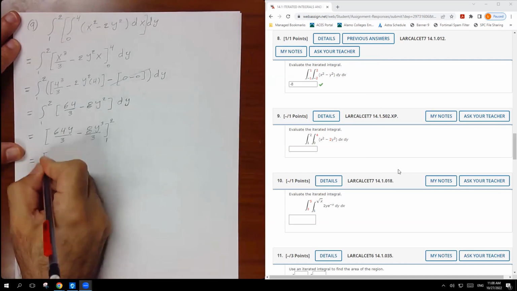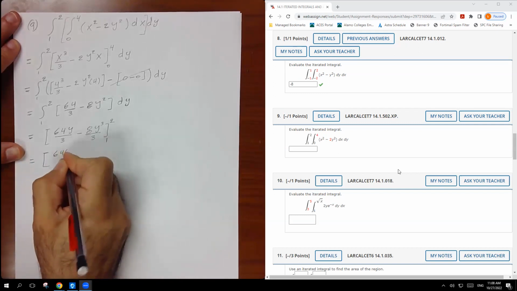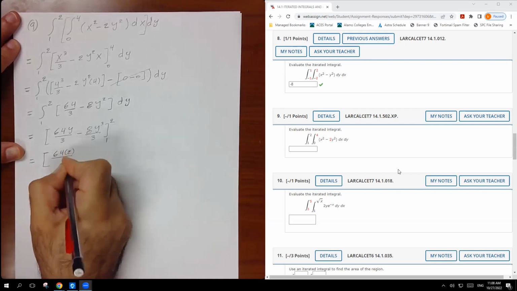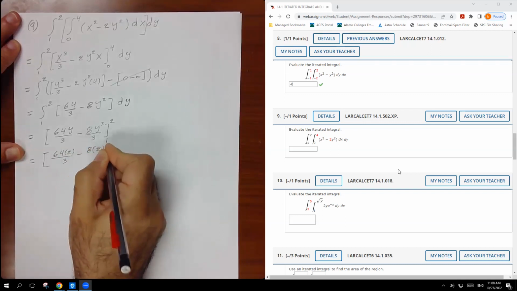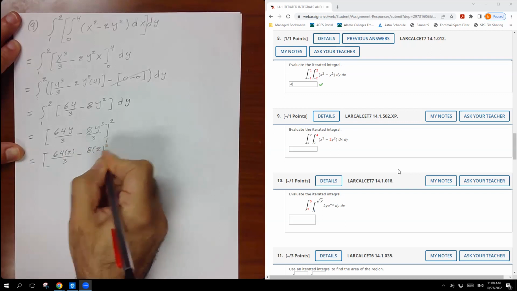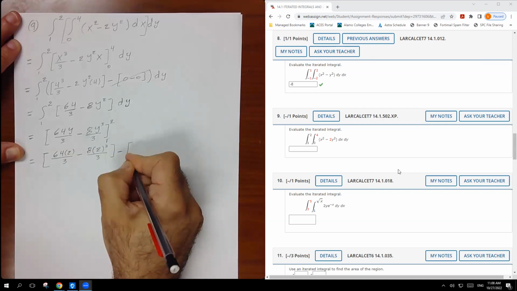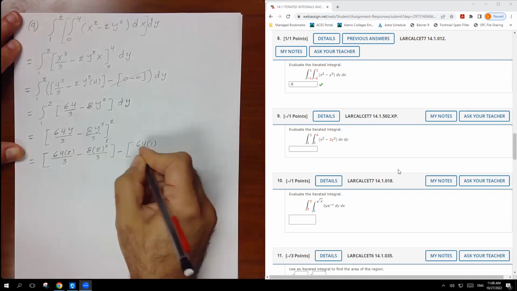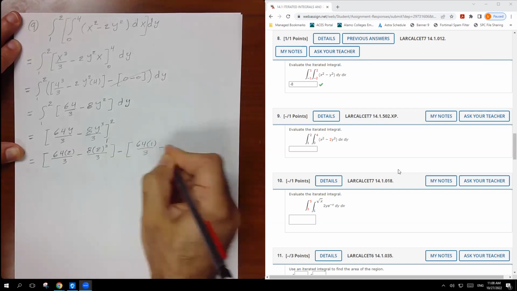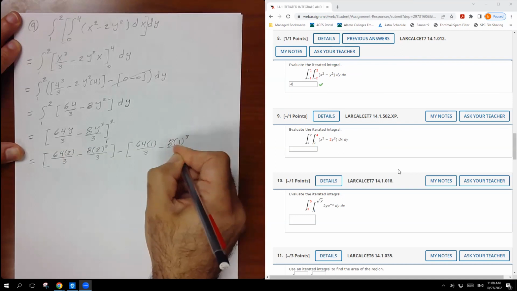So plug in the 2 is going to be 64 times 2 divided by 3 minus 8 times 2 cubed over 3 minus, plug in the 1, which is 64 times 1 over 3 minus 8 times 1 cubed over 3.